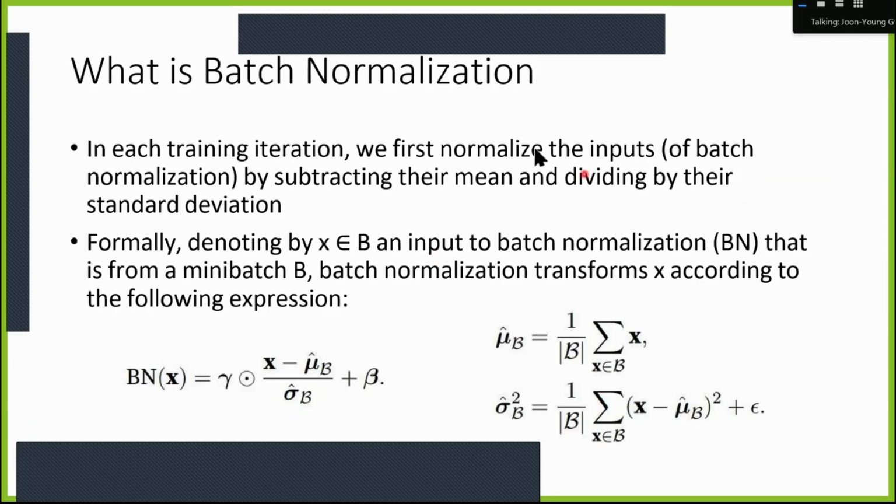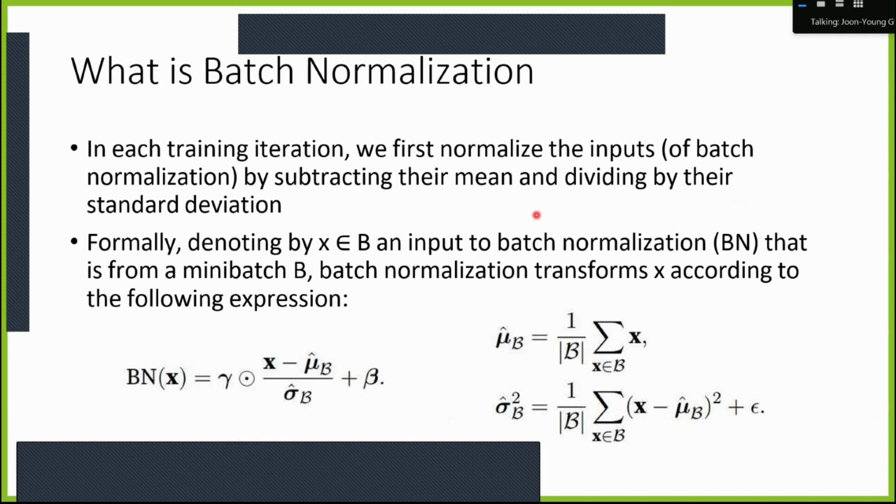So given that we have a batch of data, when we try to normalize or standardize something, we are applying that standardization based on a set of numbers. In this case, that set of numbers comes from different training samples.